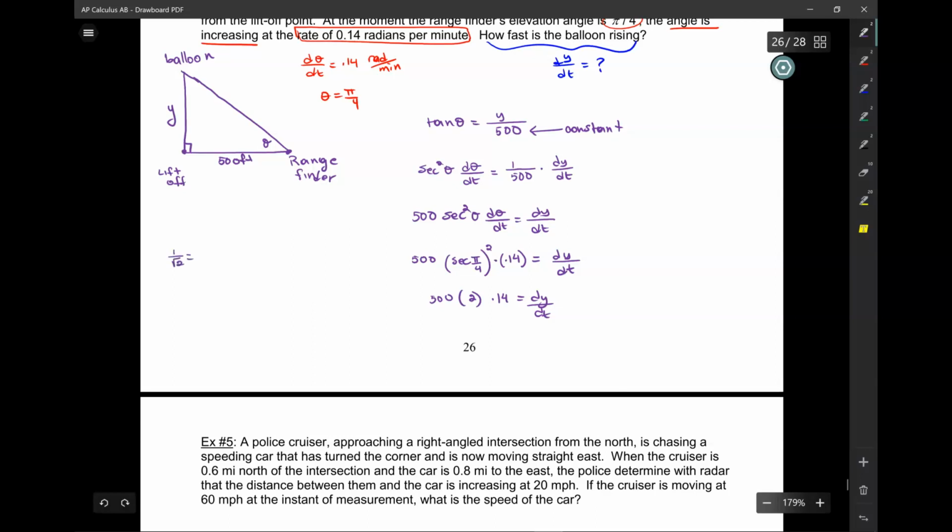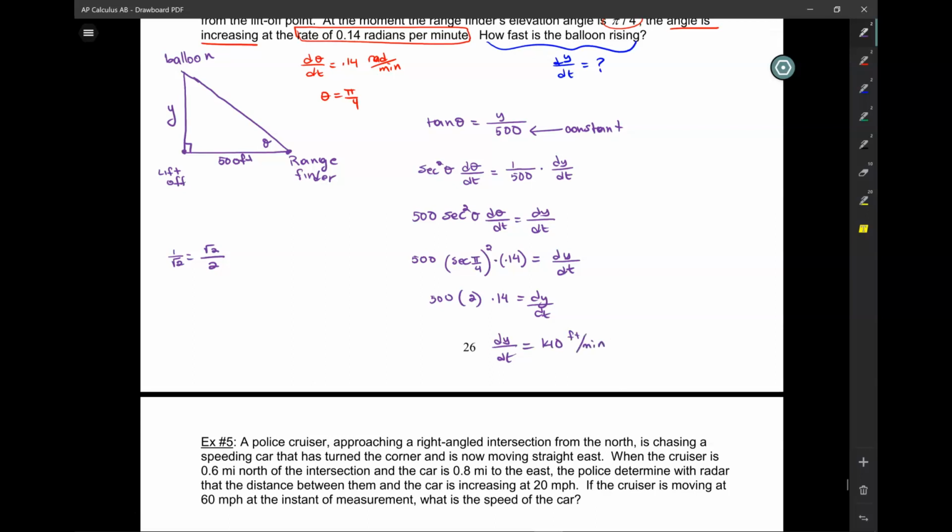Okay. Now, this is 1,000 times 0.14, which means dy/dt is 140 feet per minute.